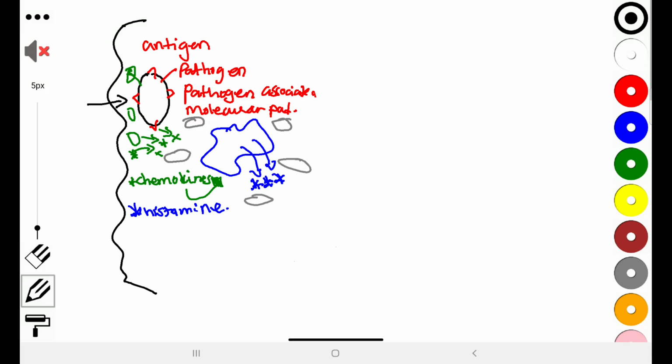First of all, we said the pathogens themselves have proteins on them. But the first thing we see here is that the pathogens are chemically attracted to the phagocytes by a process known as chemotaxis.